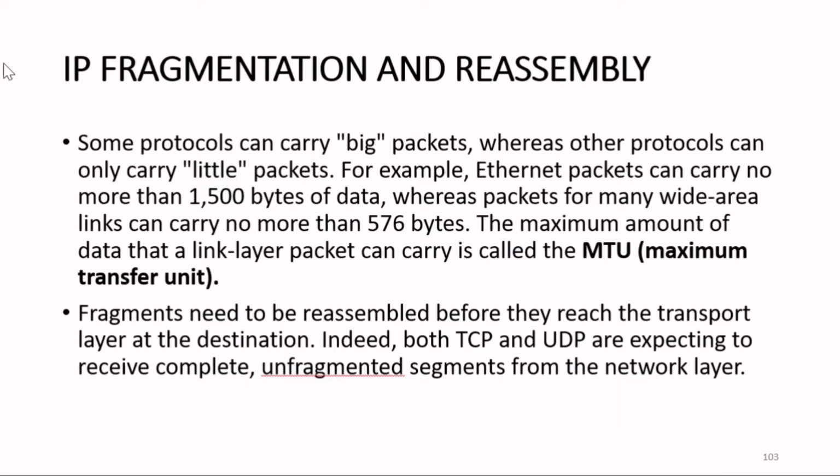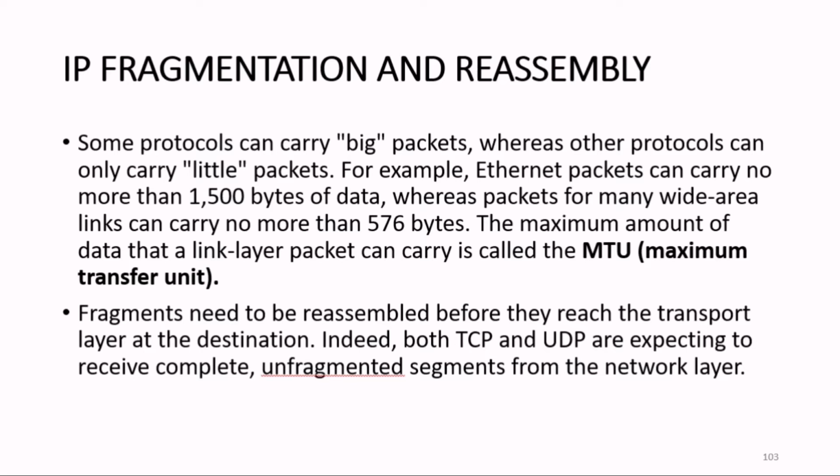In the network layer, we also need to consider IP fragmentation and reassembly. Some protocols can carry big packets, whereas other protocols can only carry little packets. For example, an Ethernet packet can carry no more than 1500 bytes of data, whereas packets for many wide area links can carry no more than 576 bytes.